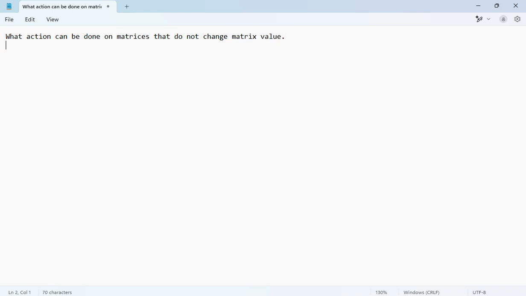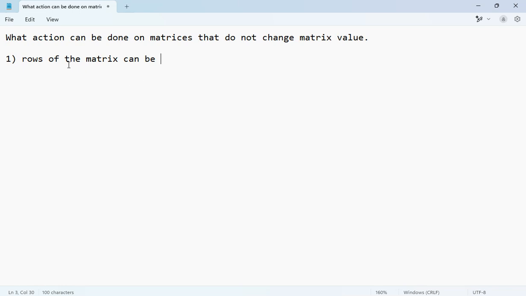So you get the equivalent matrix if, first of all, rows of the matrix can be interchanged. It means the position of rows.